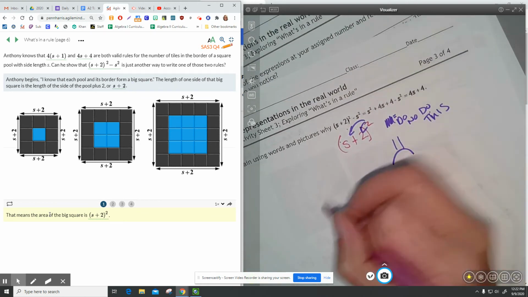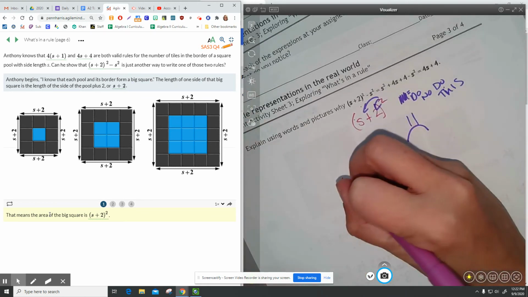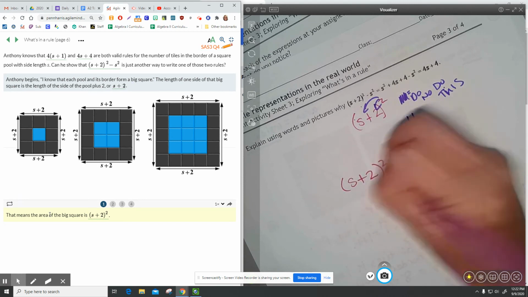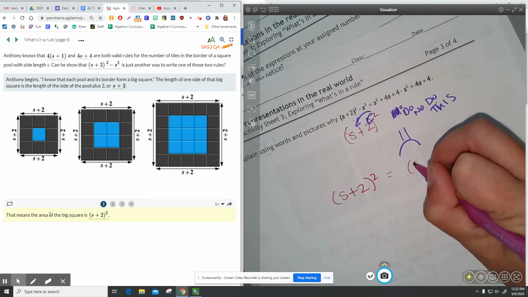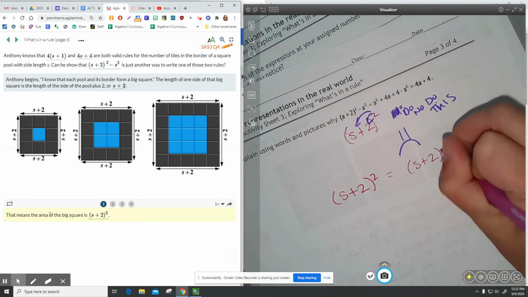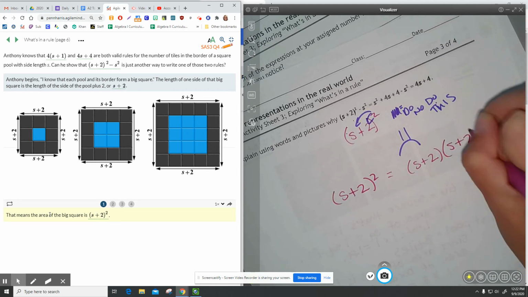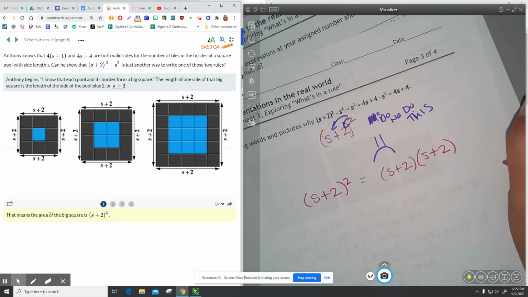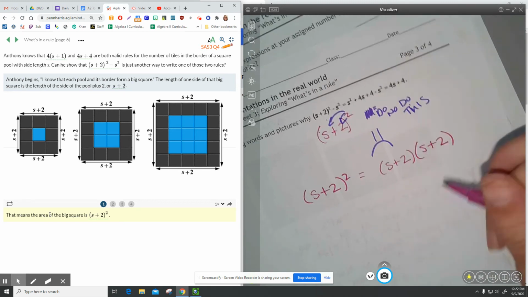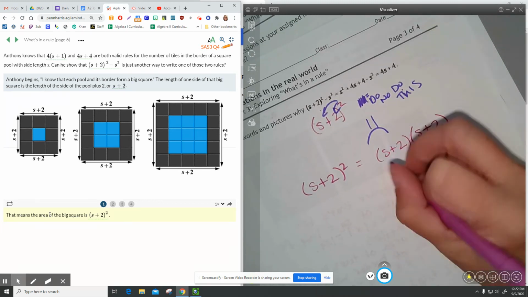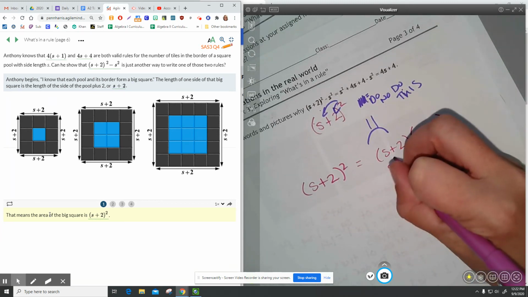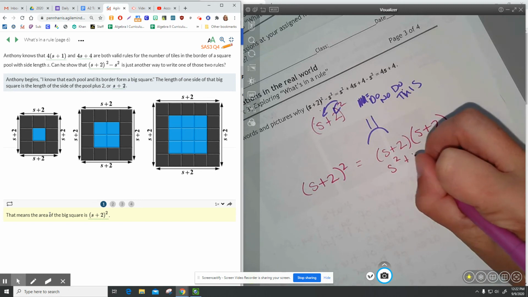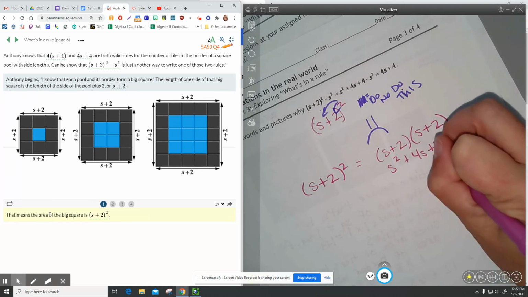What (s plus 2) to the second power really means is (s plus 2) times (s plus 2), in which we have to do what we call double distribute. Some of you guys may know it as biology boxes, the Punnett squares. What this actually comes out to is s squared plus 4s plus 4.